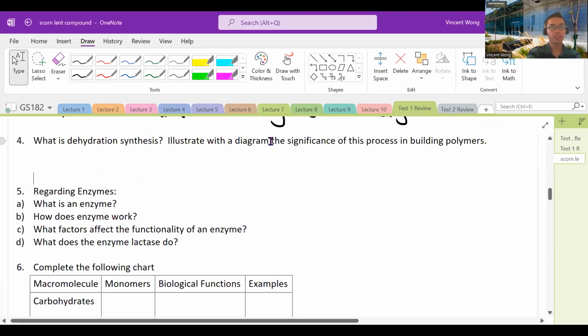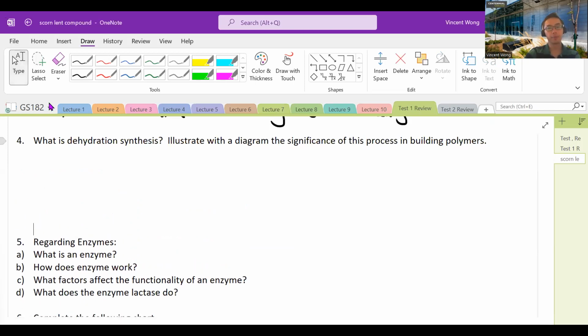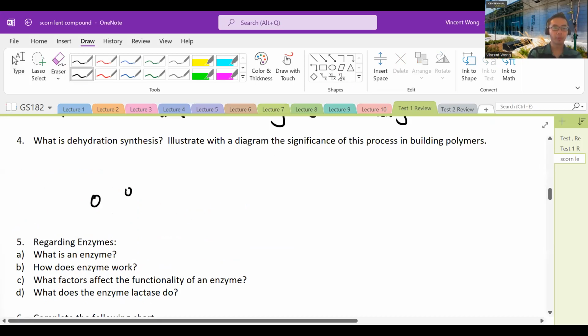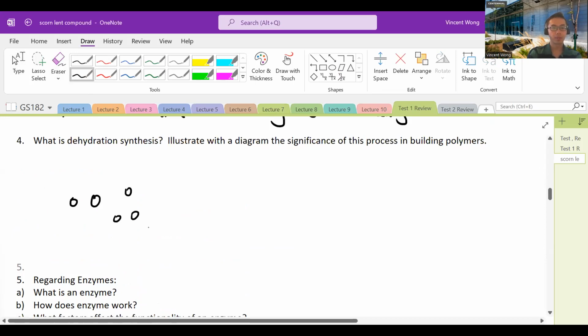What is dehydration synthesis? Well, you are probably familiar with this concept now. If we take individual monomers, we can connect them to form polymers.